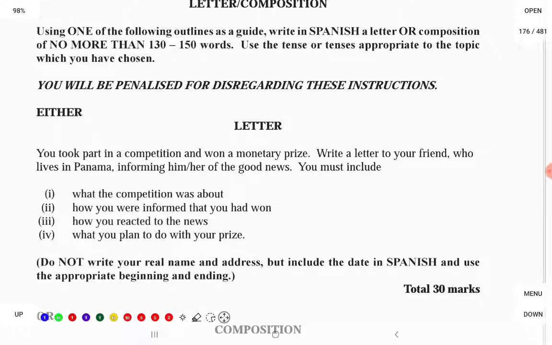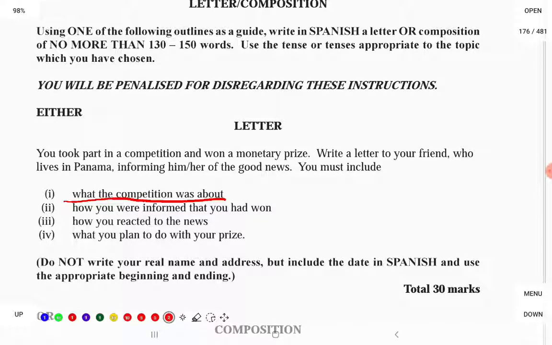A lot of the time students would just literally answer what the competition was about, and they would say things like the competition was about a painting or it was about an essay, and that's that. One sentence, they move on. How you were informed that you had won: my teacher informed me, and that is it. How you reacted: I was very happy.